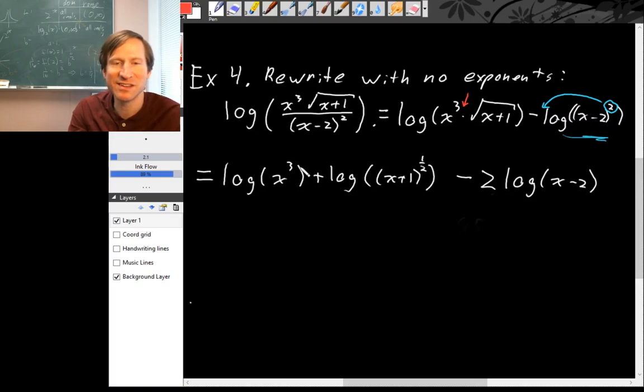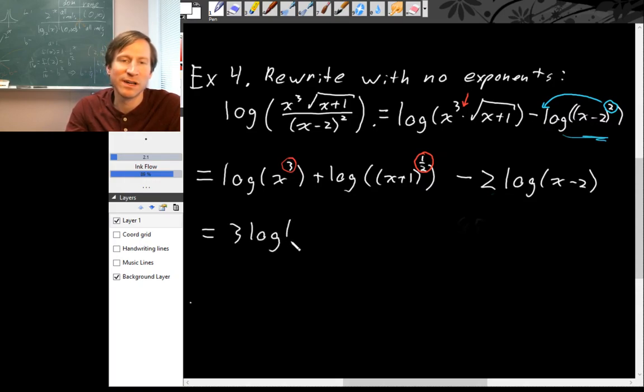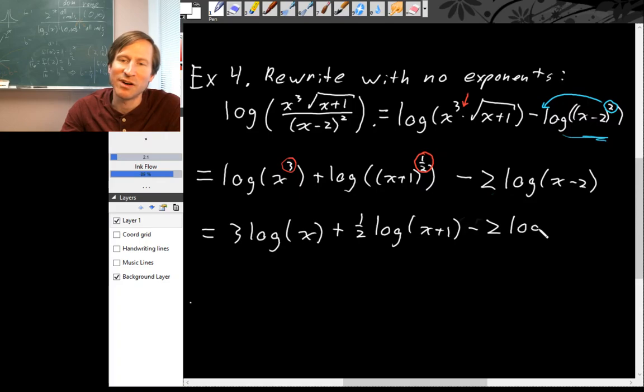We can break down the stuff inside the logarithms a little bit more. These first two logarithms both have exponents inside, and we can move those down as coefficients. So 3 times log of x plus 1/2 times log of x plus 1 minus 2 times log of x minus 2.